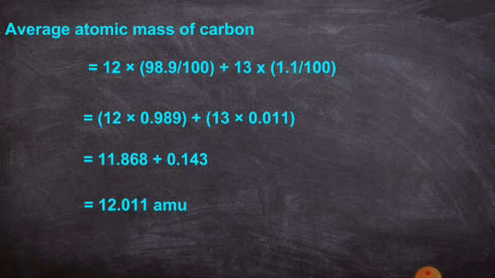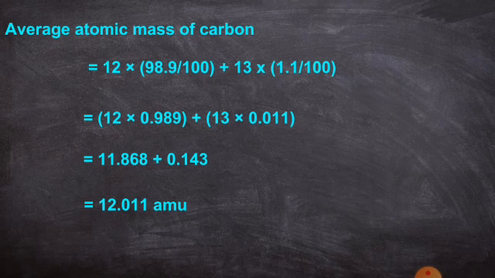Now I'm going to substitute: the mass of carbon 12 is 12, the percentage abundance is 98.9, divided by 100 since it is given in percentage, plus 13, the mass of the second isotope, into percentage abundance 1.1, divided by 100.